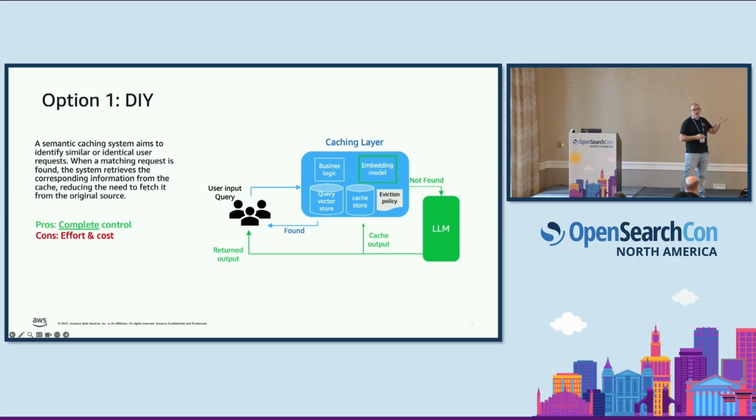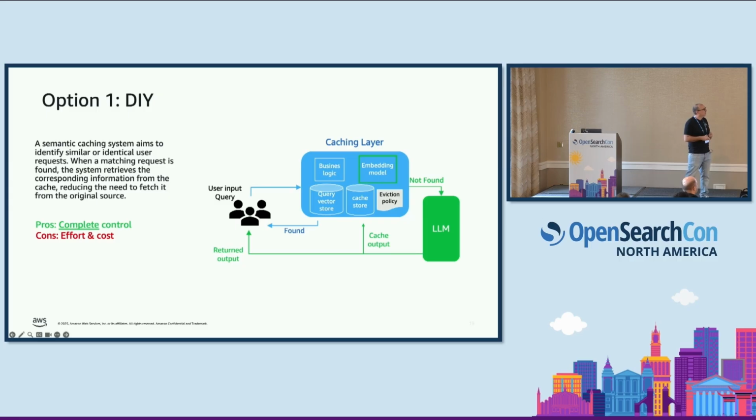The first option is really do it yourself, meaning not to use any of the ready-made frameworks. These are, I would say, the basic components of a caching layer. First, we have some custom business logic. Again, it's really up to you for your implementation to check against permissions, for example, or any pre-processing that you want to have.